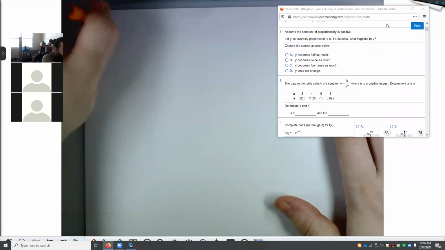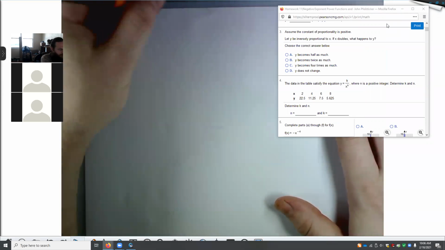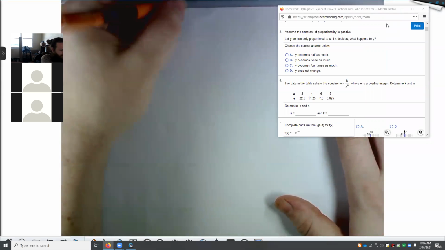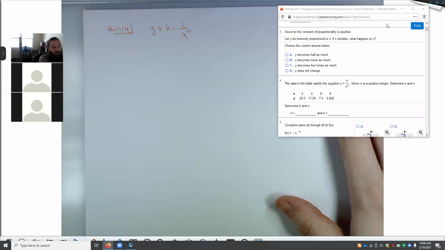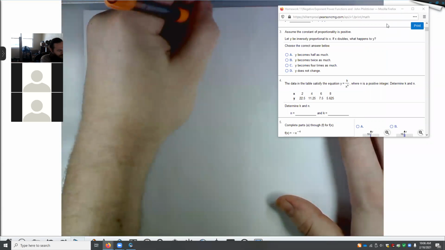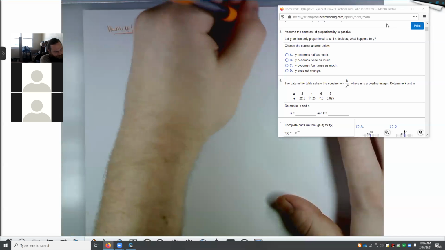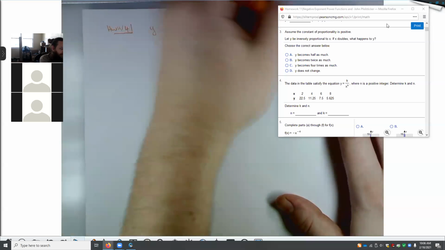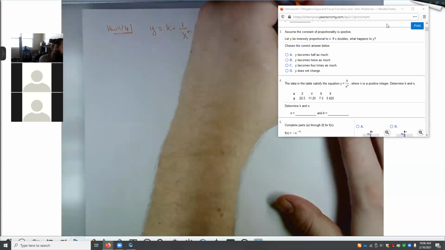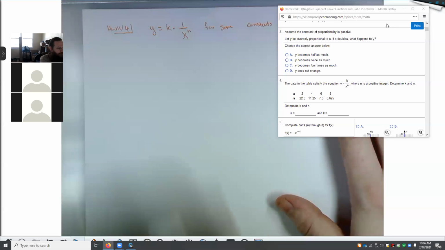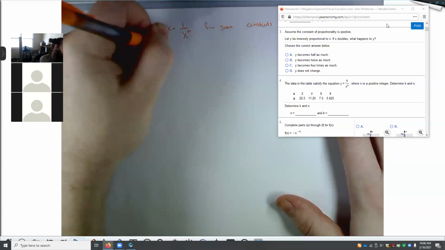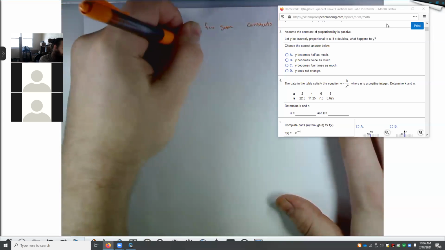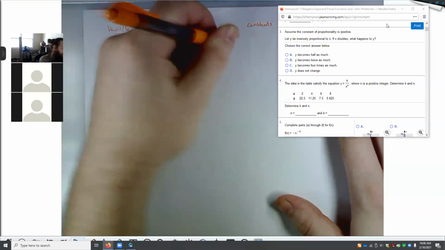So they tell me, this is homework 11, number 4. They tell me y is equal to k over x to the n. I'll write it as k times 1 over x to the n, for some numbers k and n. Based on the table, find k and n.